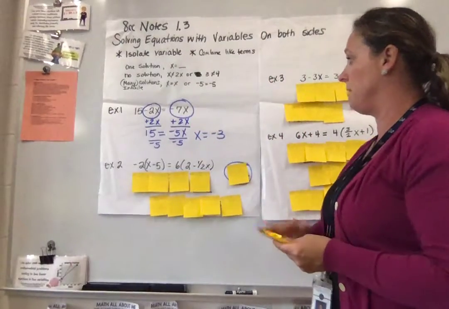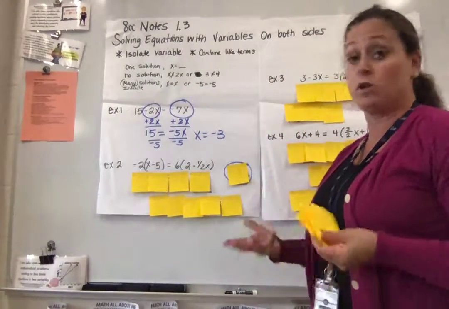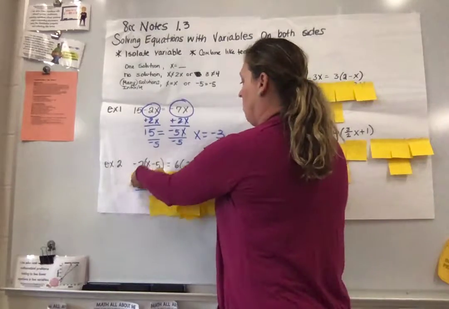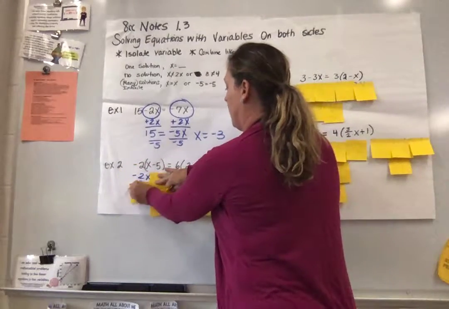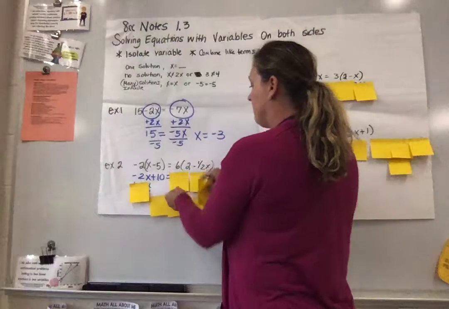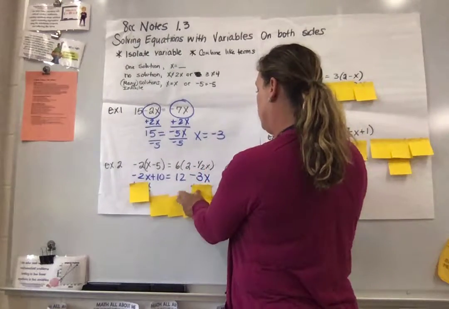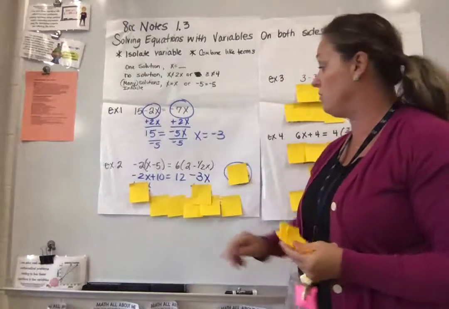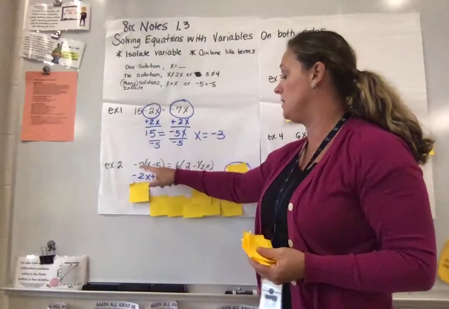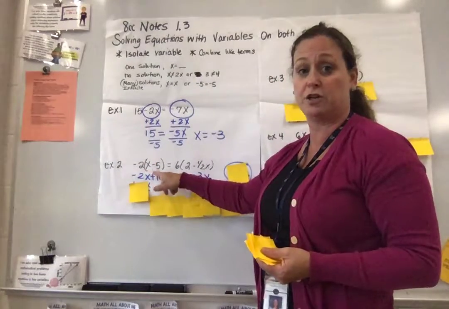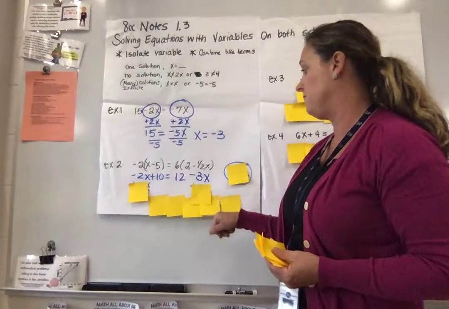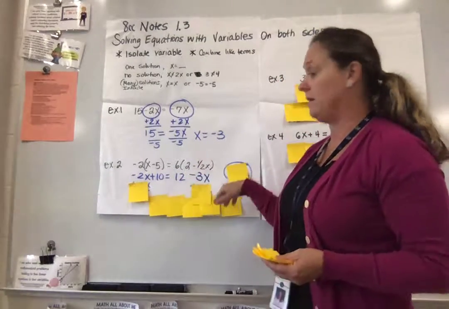In the next example, we have the distributive property, which we're going to go ahead and do first. When we have the distributive property, we're going to end up with -2x plus 10 is equal to 12 minus 3x. I want to make sure that you're seeing that this -2 is being multiplied by every term inside the parentheses. I then am going to go ahead and combine like terms.